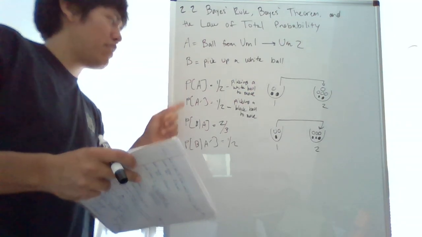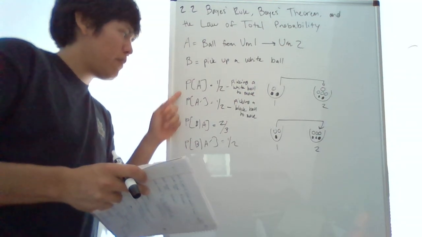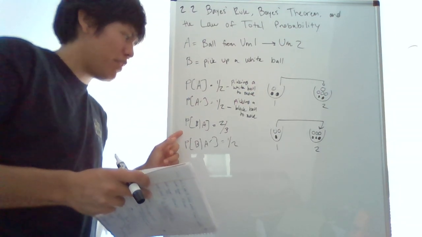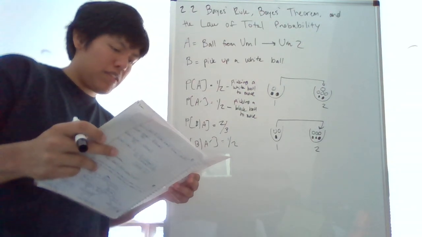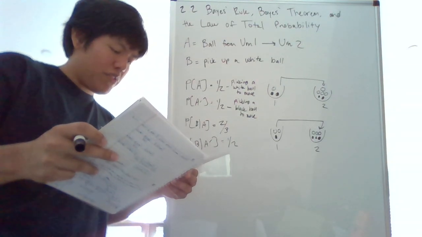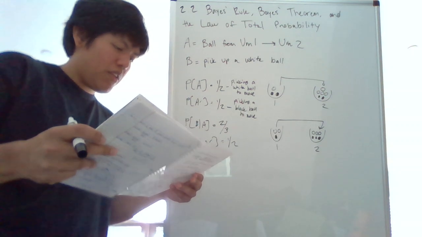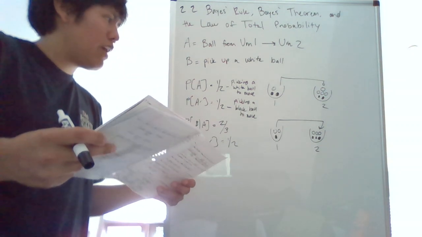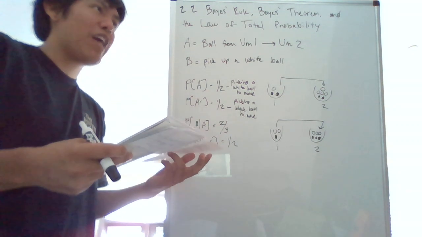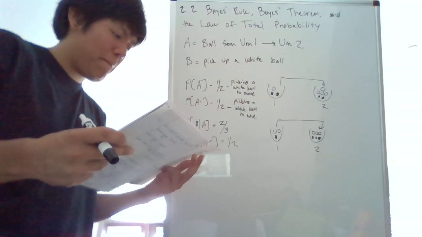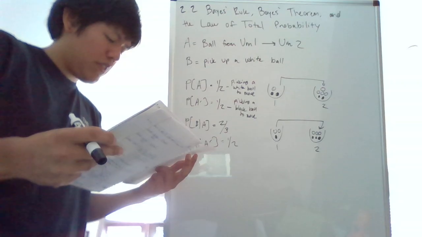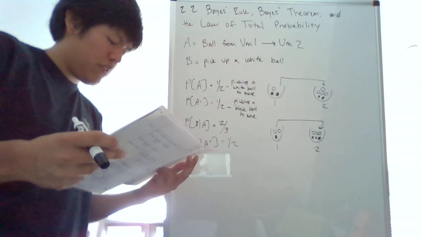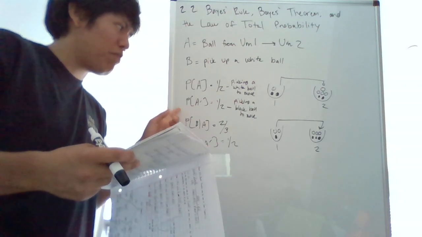We have the probability of A, and we have the probability of B given A. And in this case, we also have A complement, which would technically be the choosing of a black ball, right?